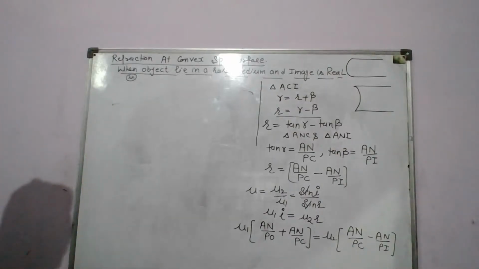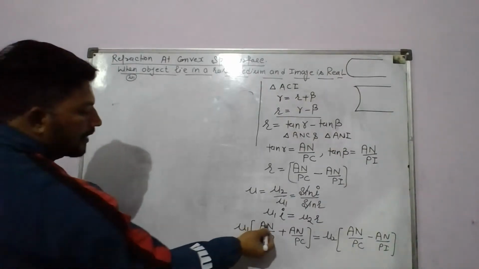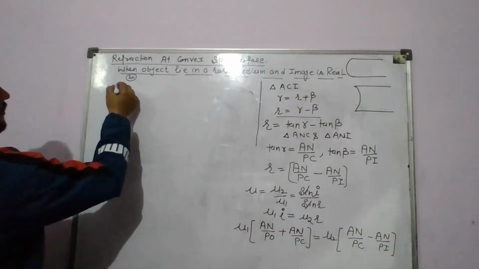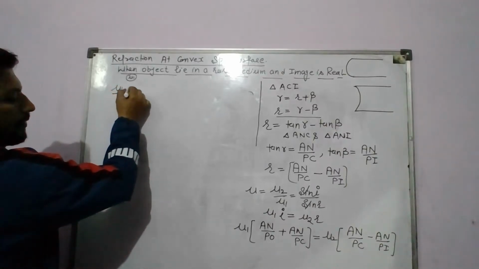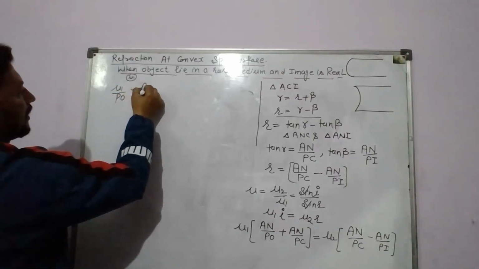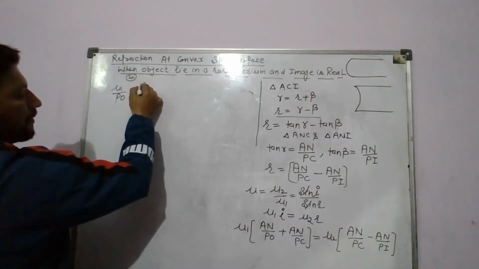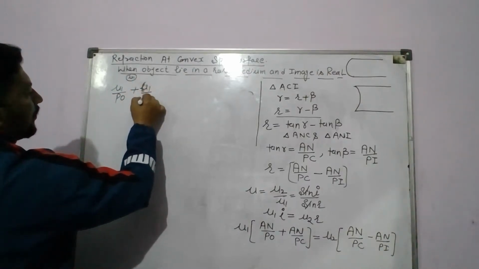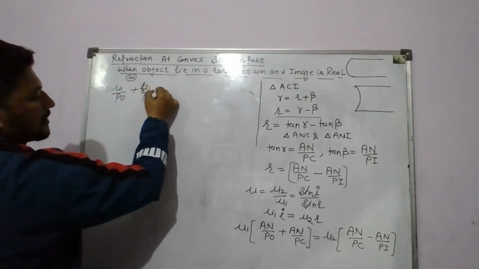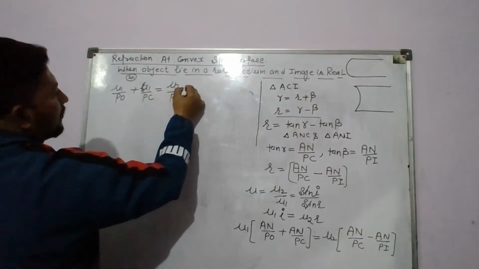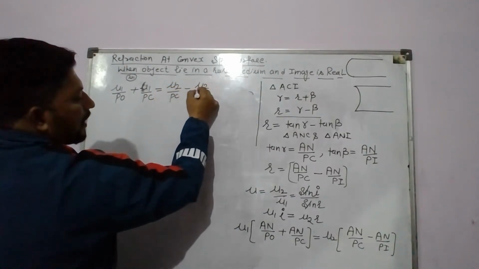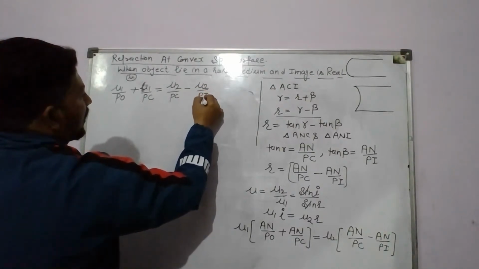So an remain cancel out. So we write here mu1 upon po plus mu1 upon pc is equal to mu2 upon pc minus mu2 upon pi.